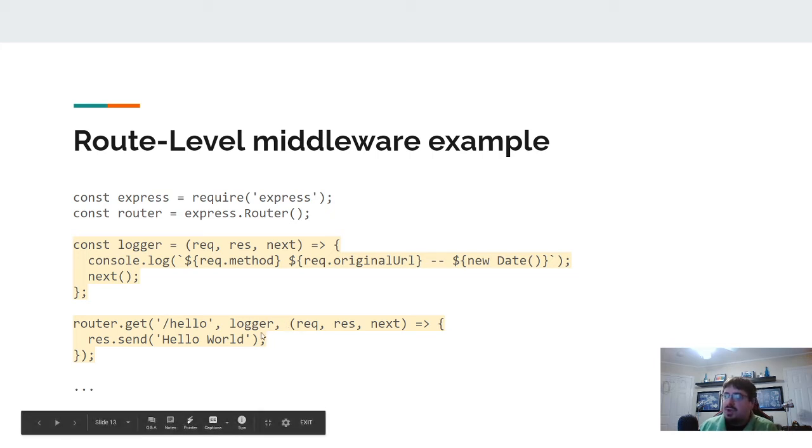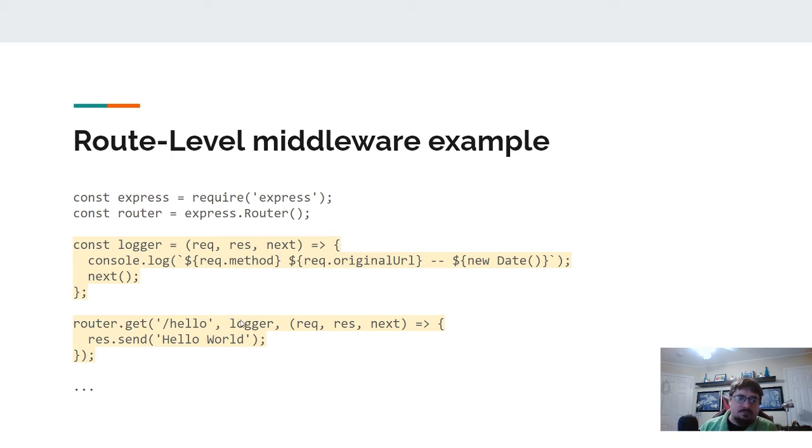So here I'm injecting this logger middleware, but I'm only injecting it for this one route. It doesn't apply to any other routes. With me? Yeah. So that's how you install it at the route level.